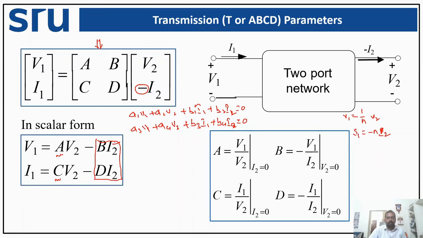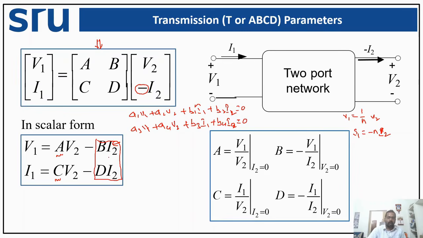If we make I2 equal to 0, we will be able to eliminate these two terms. As a result, we will be able to compute the values of A and C. And how do we make I2 equal to 0? By opening the second port.